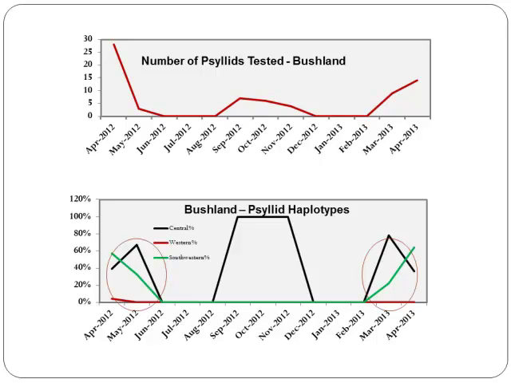During springtime, the central haplotype gradually moved down, and the southwestern haplotype gradually moved up, so we can see that trend. In the fall in Bushland, the central haplotype was the dominant haplotype.